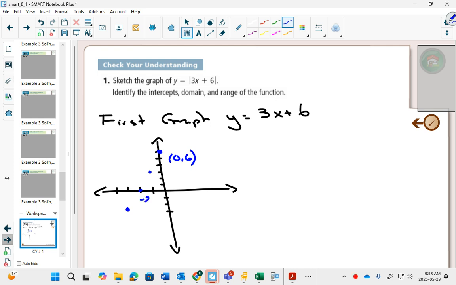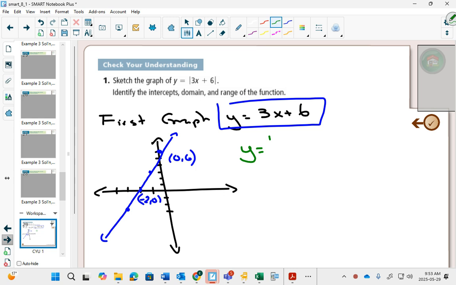And it's going to be important when graphing absolute value graphs to find the x-intercept as well. So this is our y equals mx plus b line. Then in green, I'm going to graph the absolute value of that. And all that's going to do is, you know that if things are positive, they stay the same.